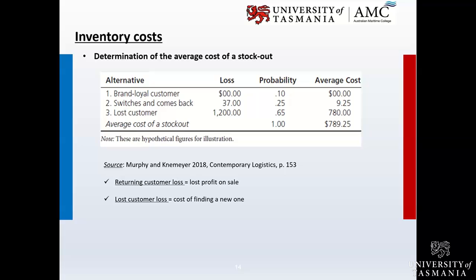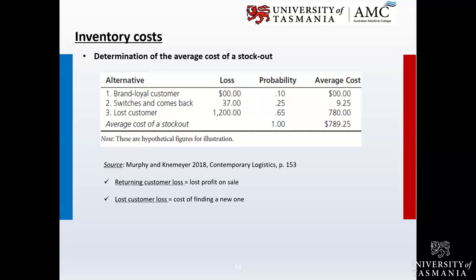The probability of being this type of customer is 25%, and for each the loss is 37. So average cost 9.25 equals 37 times 25%.